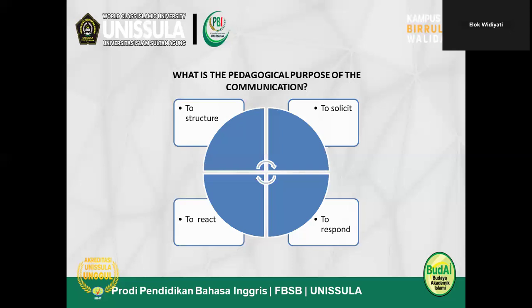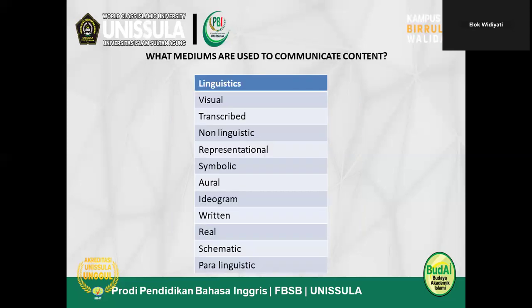This is the second characteristic. It talks about structuring, soliciting, and then reacting and responding. After knowing about the doer, or communicator, and the pedagogical purpose, now we move on to the content.